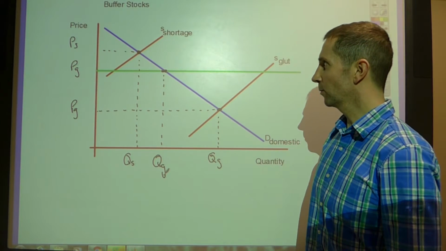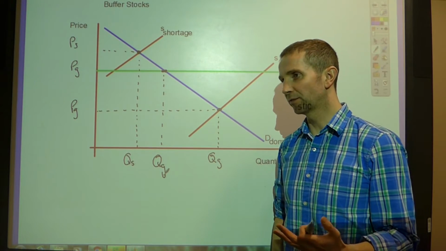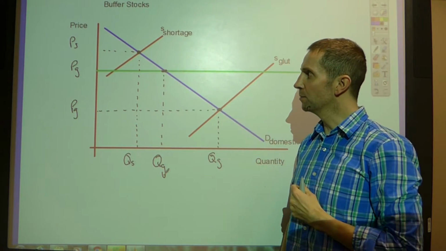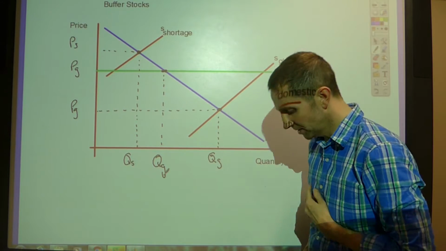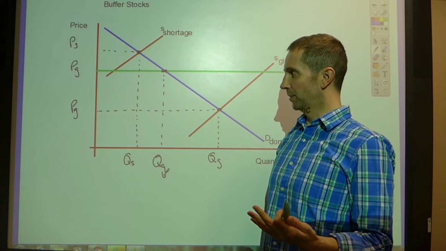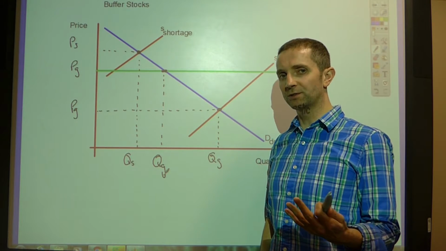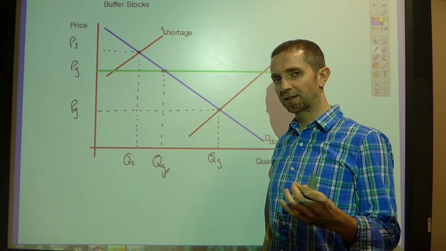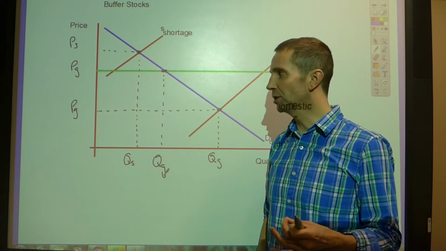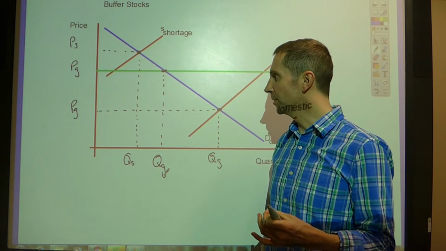So if there was a very severe frost and harvests were poor and the supply curve ended up moving away to the left to a supply shortage, then price would shoot up. And so the buffer stock scheme would come into effect here and would intervene in order to restore the price back to PG. Now, how would that happen?